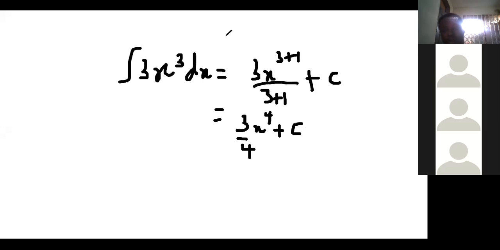That's why I told you that integration is the reversal of differentiation. Let me give you a typical example. When I differentiate 2x squared, I'm going to get 4x. Now let me integrate this and see if I can get my 2x squared back.